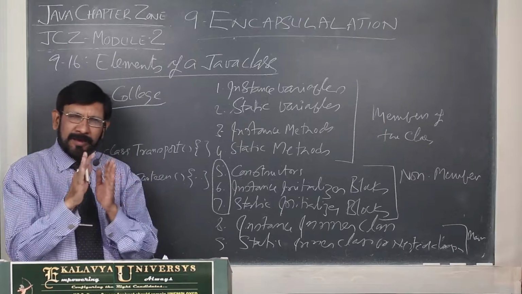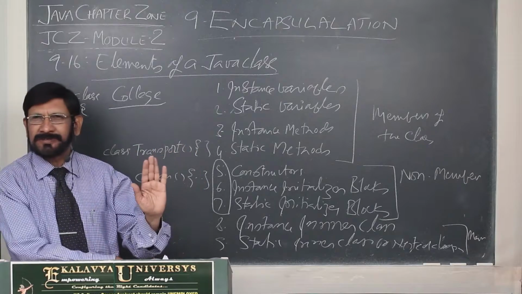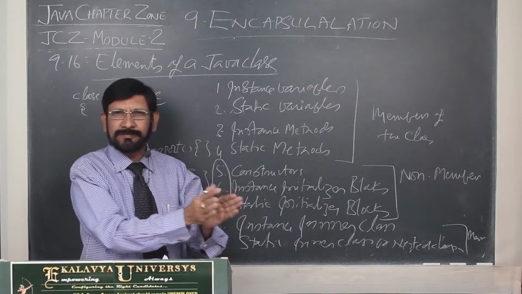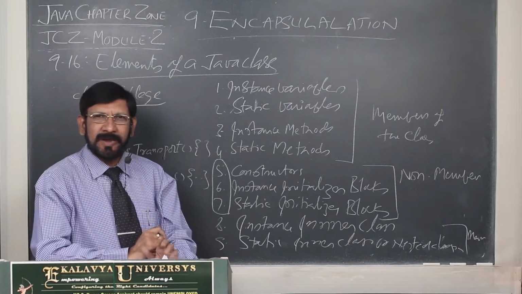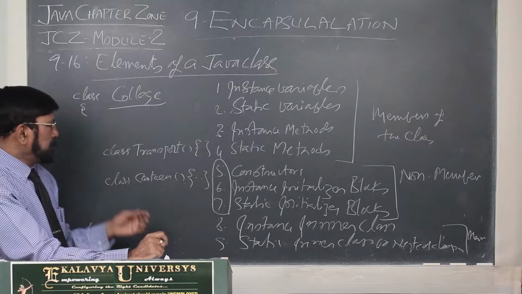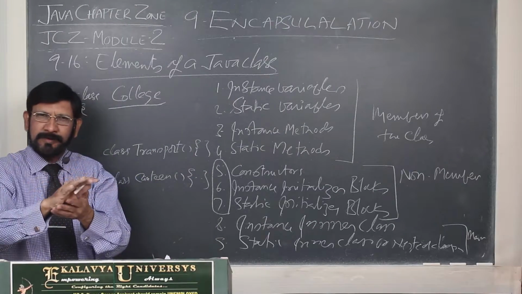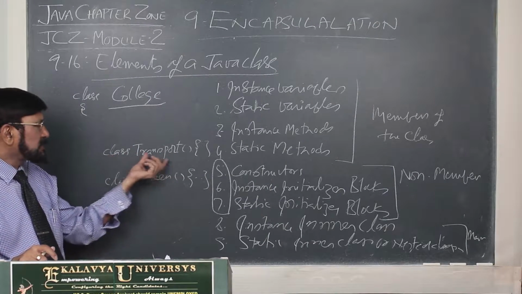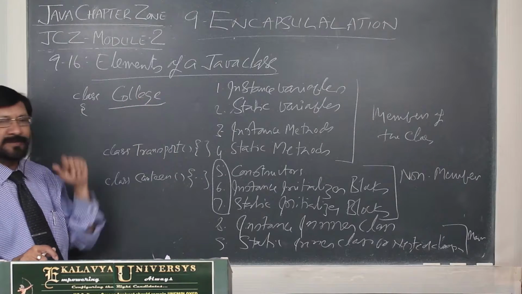Actually, transportation and college are two different businesses. There is no relation between the transport business and college activity. Transport is a big activity, an integrated activity, but it is providing a service. Then a class Transport can be defined as a member of the College class.